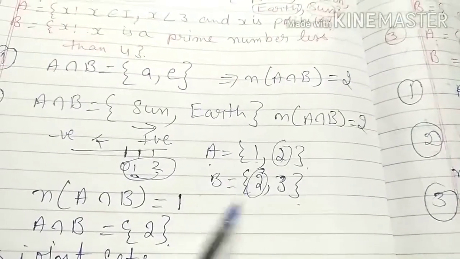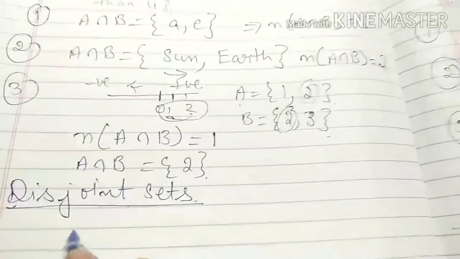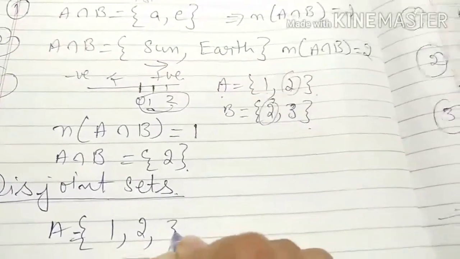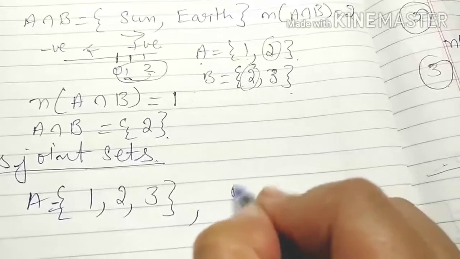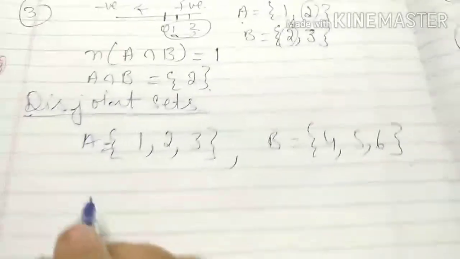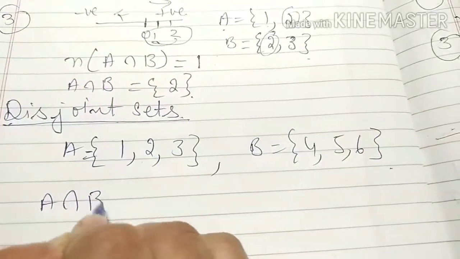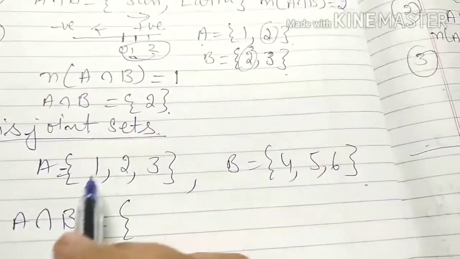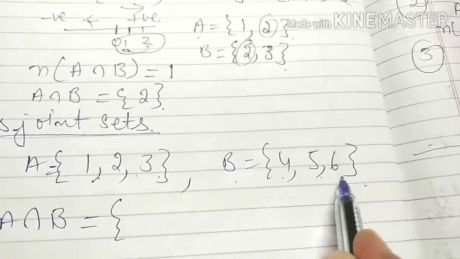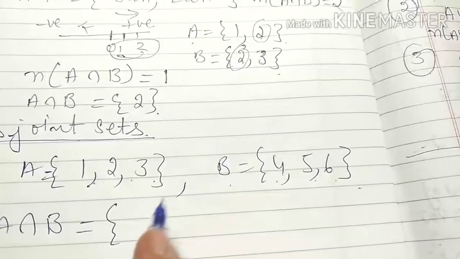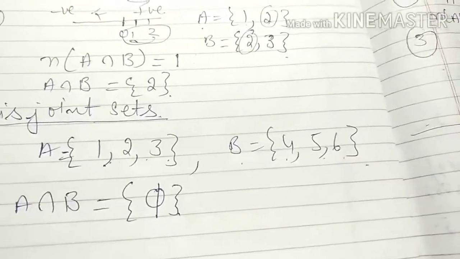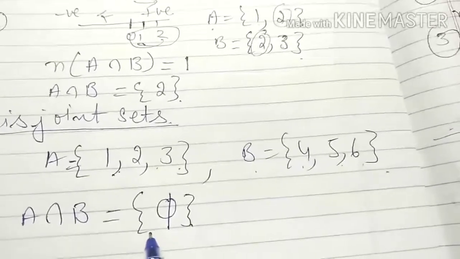Suppose I have another set, in which A set is 1, 2, 3 and B set is 4, 5 and 6, and if you write A intersection B, here A is 1, 2, 3 and B is 4, 5, 6, so there is no common element in this. So my set becomes empty.